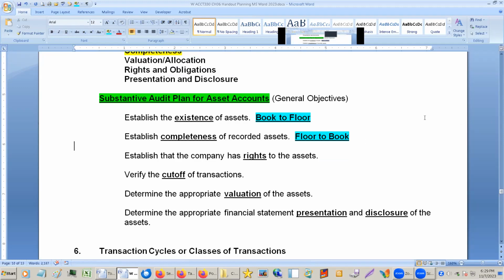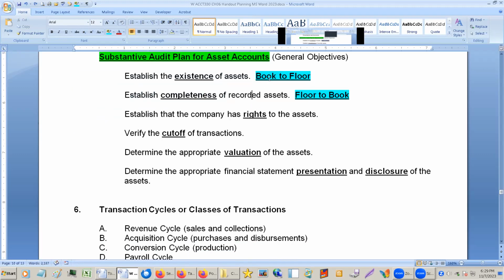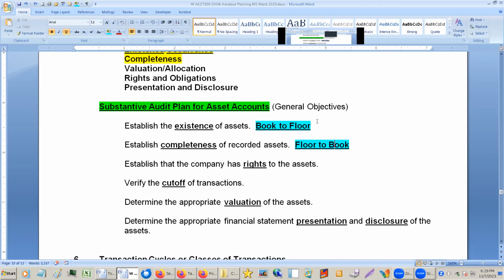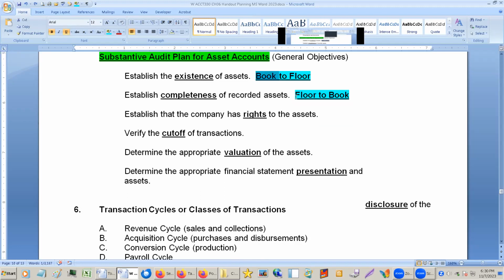These are two of probably the biggest ones when you're looking at an asset account, especially a physical asset. Book to floor: find on the books, go look at it; and floor to book. Your plan will have something along those lines. You pick a sample from the books, go to the floor. You pick a sample from the floor, go to the books.